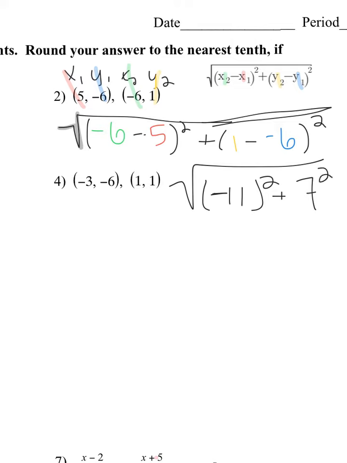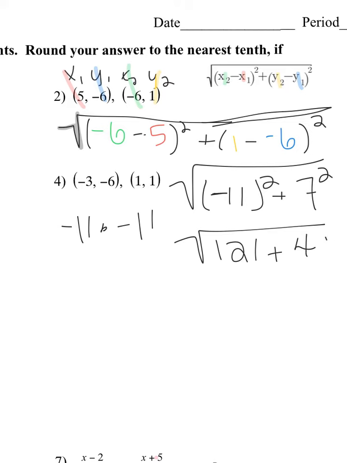Negative 11 squared, I'm taking negative 11 times itself, which gives me 121. And then 7 squared is 49. Okay, I'm going to add those together, is 170.